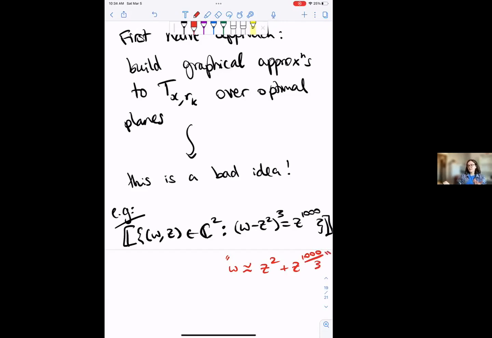But this is a problem, because if you try to approximate this with a graph, which should be three-valued, and you do this at all these blow-up scales and try to take the limit, unfortunately the limit just collapses to this z squared term. So you don't capture this singular behavior.